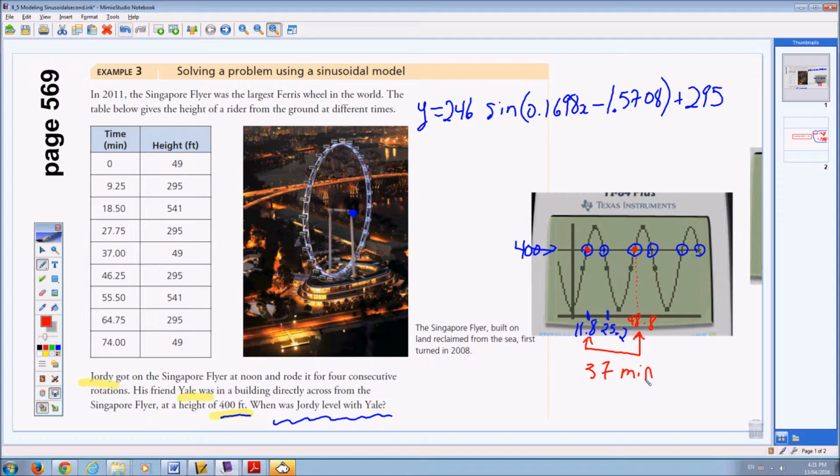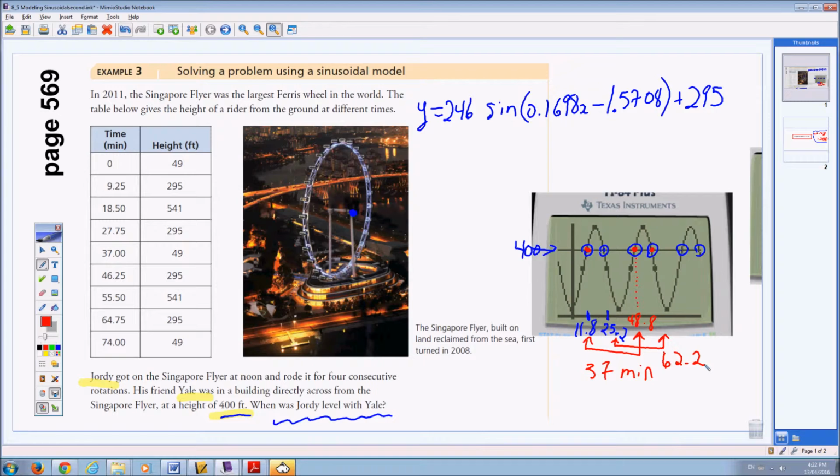That would then allow me to calculate my next one. I don't actually have to make my calculator do the work. I can simply add 37 to the 25.2 and find my next point of intersection. And if my mental math is working for me today, that point will be 62.2.